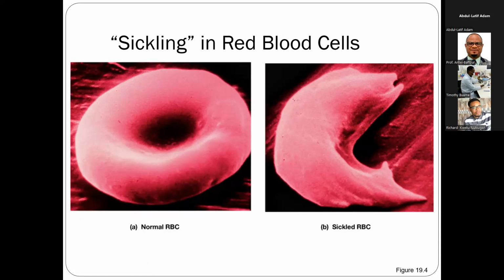You have seen it. So this is round like a donut. At some point, it can become like that because it's malleable, and then pass through tiny blood vessels and get to the other side. But this cannot be manipulated anymore.